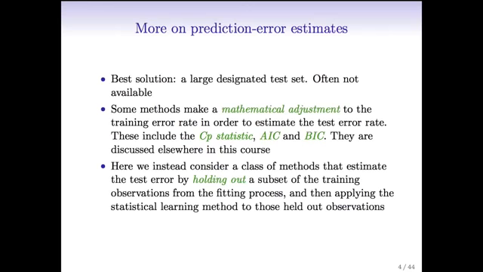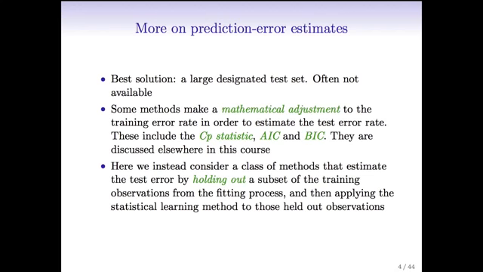Okay, so we can't use training error to estimate test error, as the previous picture shows us. So what do we do? Well, the best solution, if we have a large test set, is to use that. We simply take our model that we've fit on the training set and apply it to the test set. But very often we don't have a large test set. So if we can't do that, what do we do?